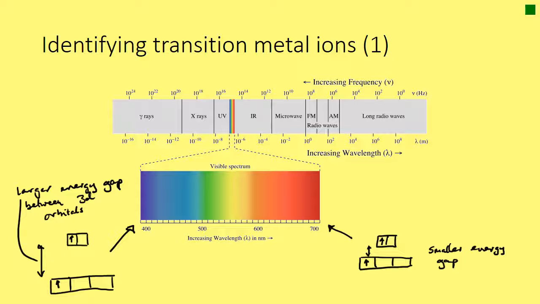Whereas on the lower energy level of the visible spectrum, you're going to get a slightly smaller energy gap between the 3d orbitals. So these are the 3d orbitals again, and you can see we've got an energy gap that's smaller.